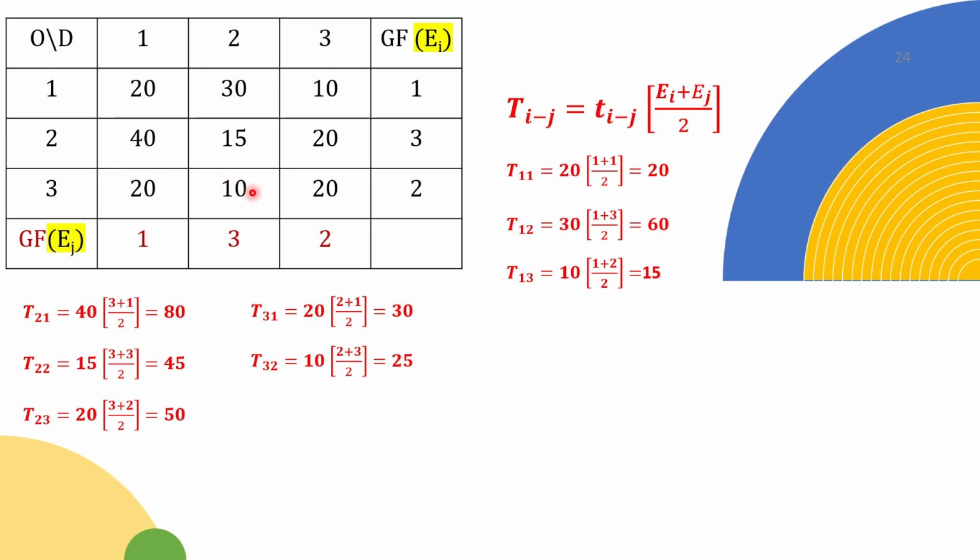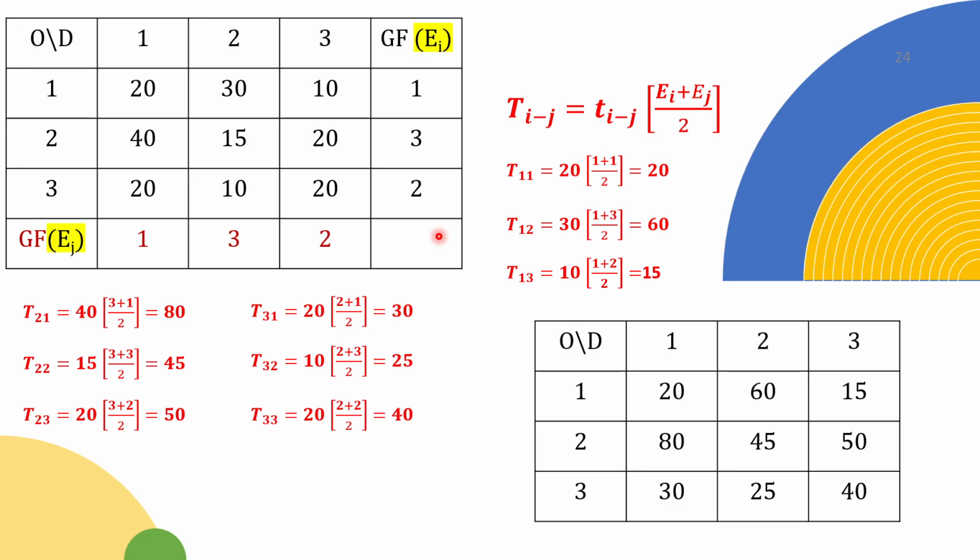For T32, it's 10 into (2 plus 3) by 2. And for T33, 20 into (2 plus 2) by 2. So you get the next OD matrix, which is 20, 60, 15 and 80, 45, 50 and 30, 25 and 40. So you get a whole new OD matrix, which is the future OD matrix.